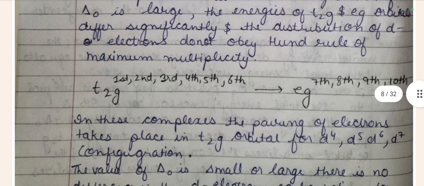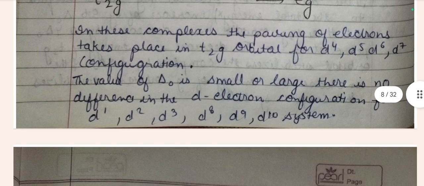Then the T2g is filled first, with the first, second, third, fourth, fifth and sixth electrons, and then the Eg orbitals are filled by the seventh, eighth, ninth and tenth electrons. In these complexes, pairing of electrons takes place in T2g orbitals for d4, d5, d6 and d7 configurations. Whether the value of Δo is smaller or larger, there is no difference in the d electron configuration for d1, d2, d3, d8, d9 and d10 systems.